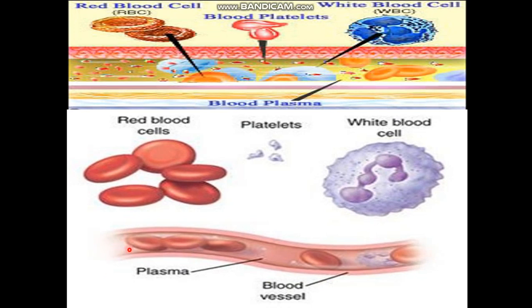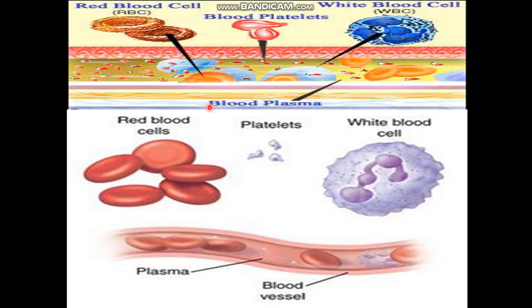This is a blood vessel. Inside the blood vessels we have plasma, with red blood cells, white blood cells, and platelets, which are the cells of the blood. Red blood cells: do you still remember their role? What did we say in the previous years?